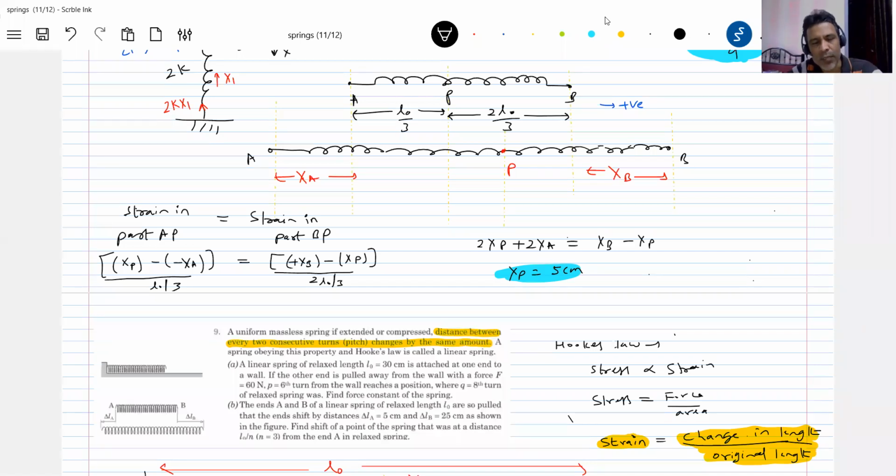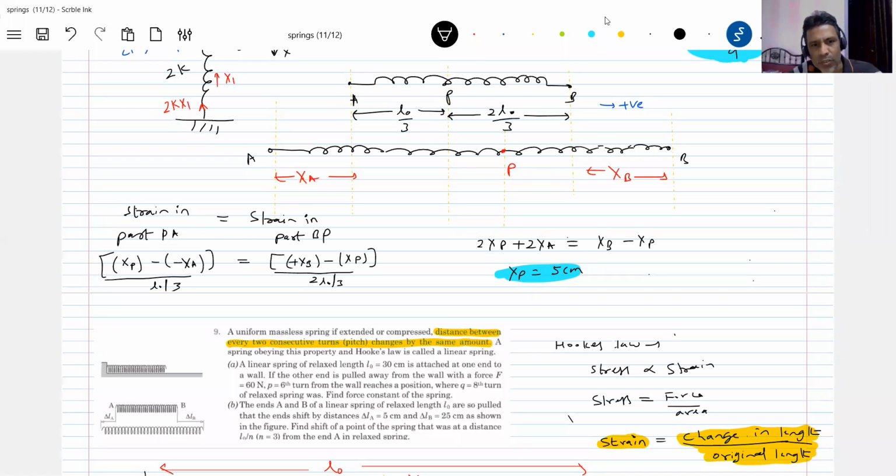The strain in one part of the spring should be equal to the strain in the other part of the spring. So what do you mean by strain? Change in length. So XB minus XP by 2L0 by 3 should be equal to XP minus XA by L0 by 3. I think we should apply the basic formula properly. So here I'll change it.